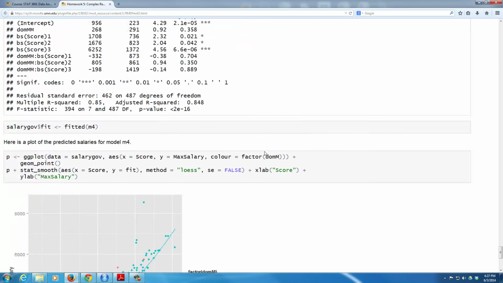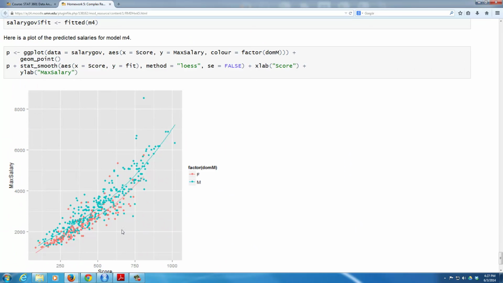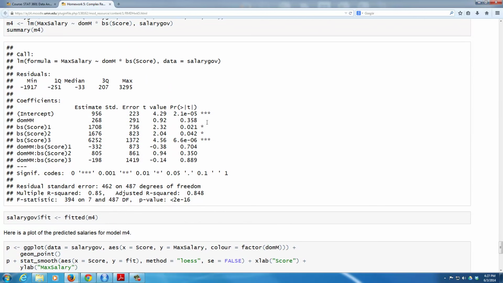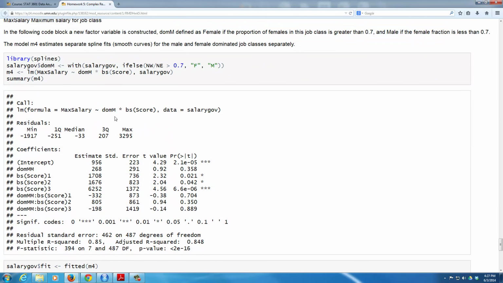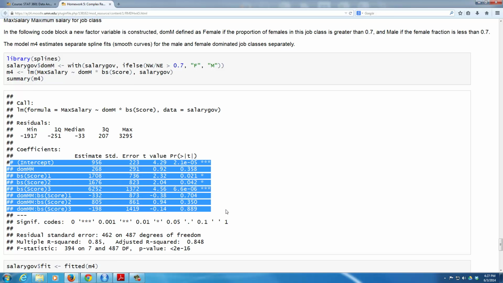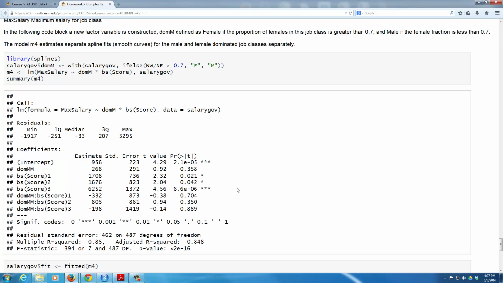And because we have curved relationships here in the data, we'll use a splines approach, and we'll have a separate adjustment and separate splines depending on whether it's female dominated or not. And I'm going to want you to use this model output to talk about how the functions are different depending on whether it's a female-dominated profession or not.